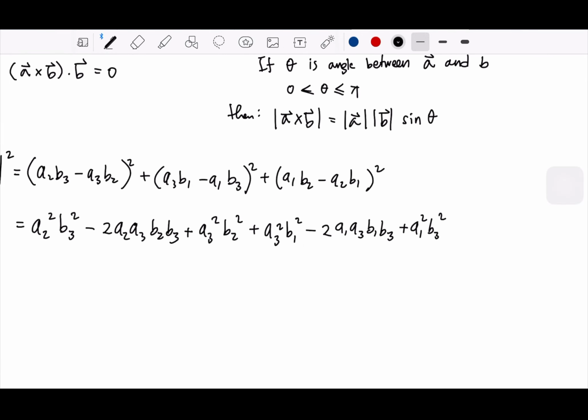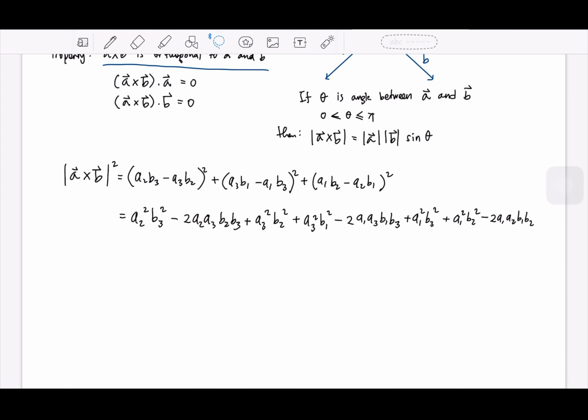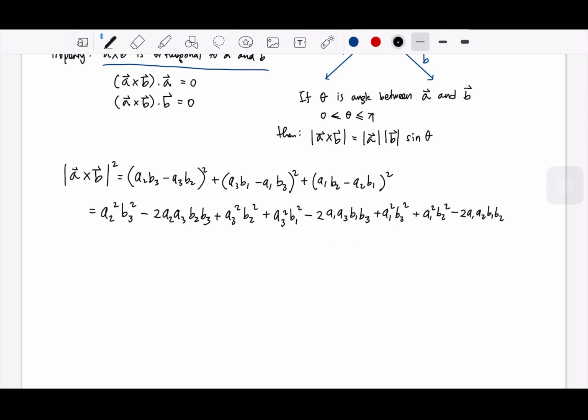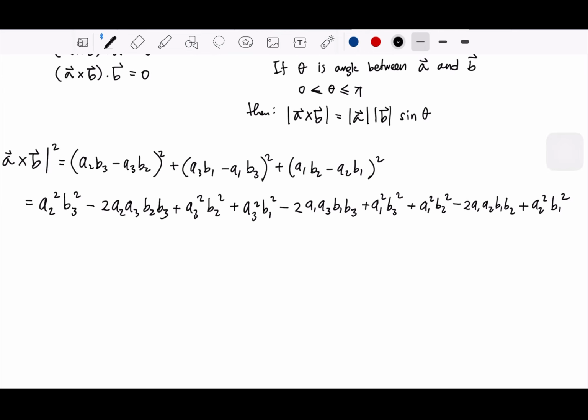Still one more: plus A1 squared B2 squared minus 2 A1 A2 B1 B2, and then plus A2 squared B1 squared. Okay, I think we have all of them.